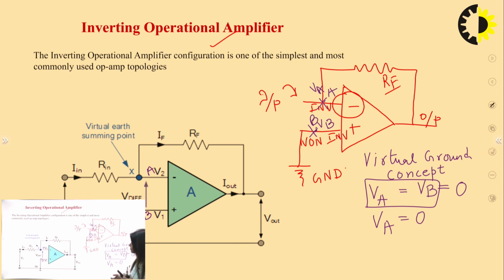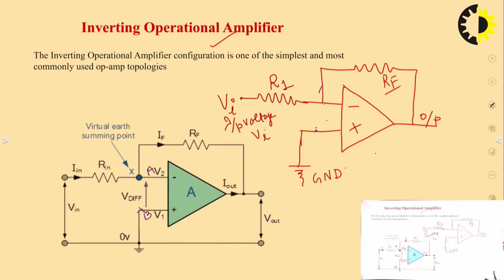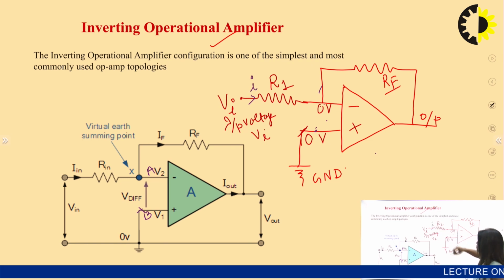Now here, I am connecting some resistance R1 and giving some input voltage Vi. This voltage is 0 volts, and this is also 0. Suppose there is an input voltage, so it will supply some input current I. This current will pass through the resistance, and then it has two ways: it can go up or it can go straight.